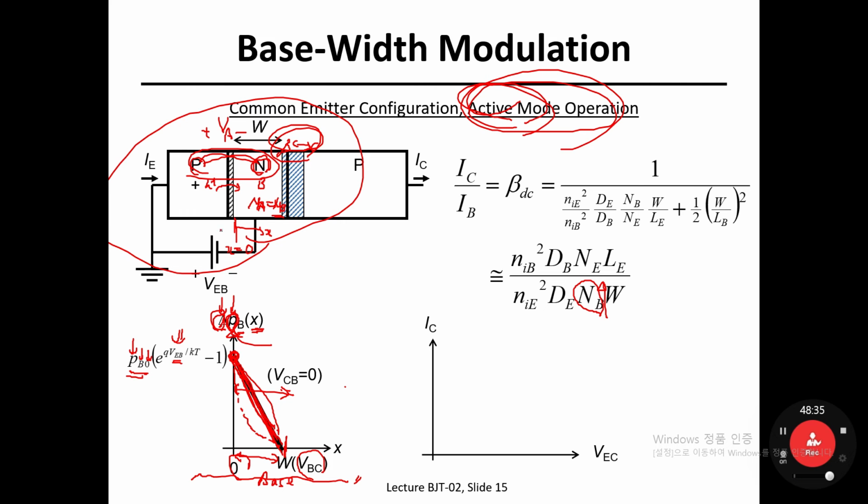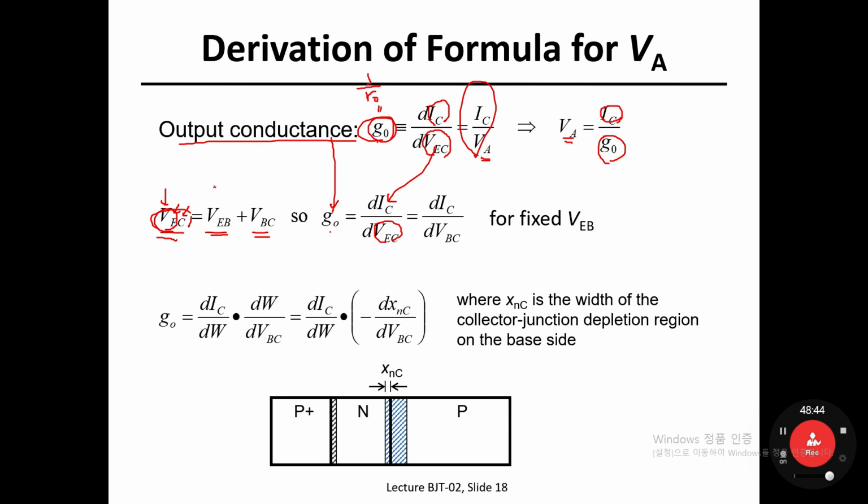Your emitter base junction voltage VEB, the voltage difference between emitter and base, would be constant, right? So this guy is constant. So plug in your two voltage values here. And since VEB is constant, you can ignore it when it comes to taking the derivative, right? So VBC is left behind. So for fixed VEB, again, you can replace VEC with VBC.